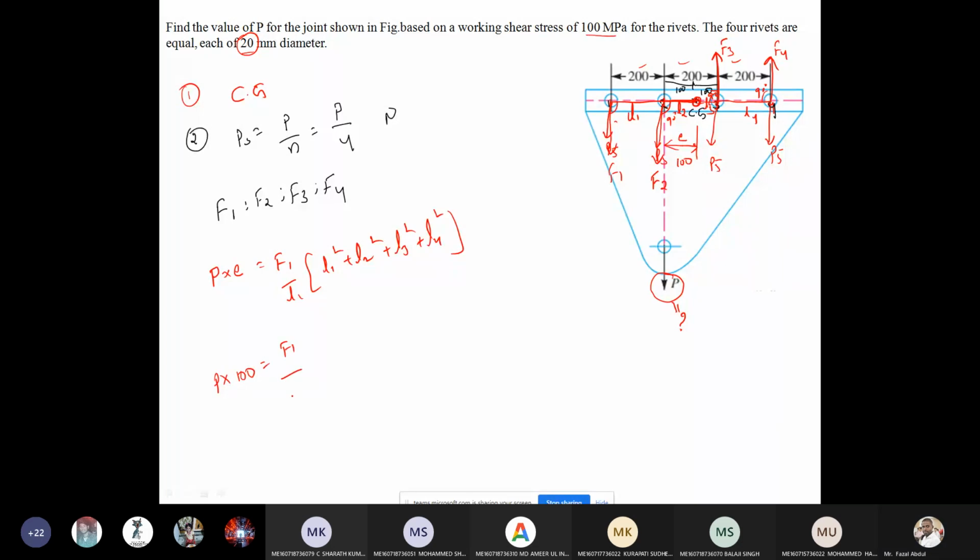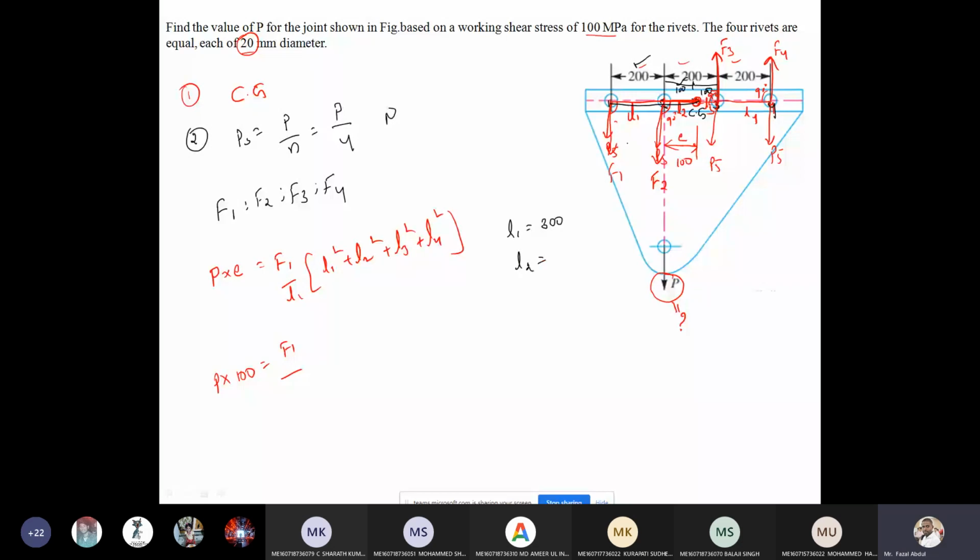F1 by L1, how much? L1 is the distance from the first rivet center to the center of gravity. That is 200 plus 100, total 300. L2, how much?